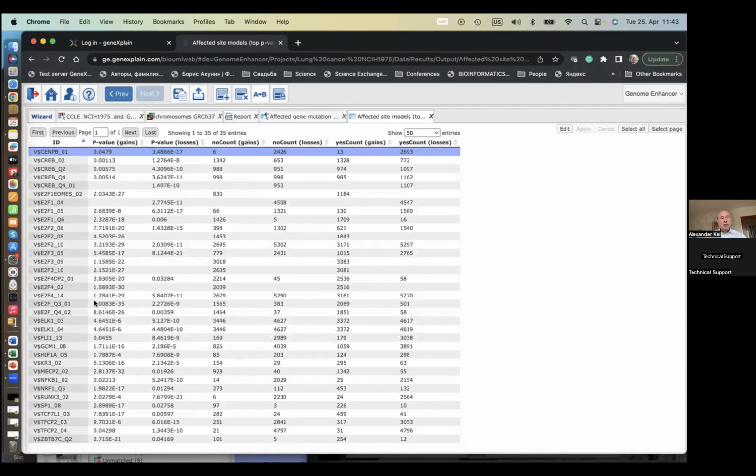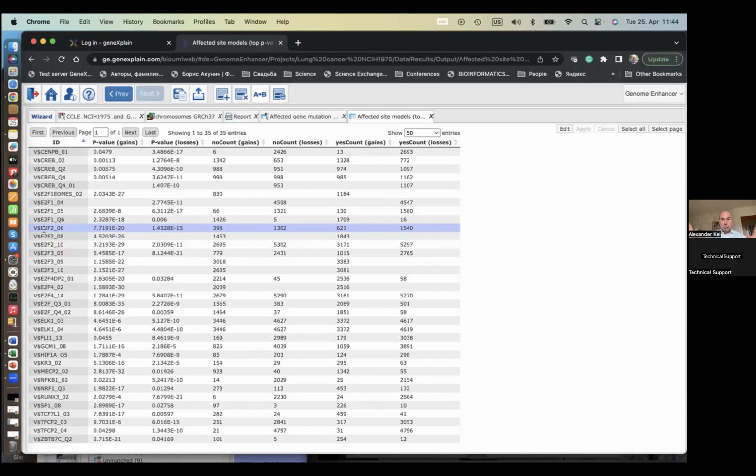But in some cases, you can have both p-values very significant. For instance, E2F. E2F is a transcription factor which regulates the cell cycle, and it's a very sensitive point. In some genes, this site has to be increased, in some genes, it has to be decreased.